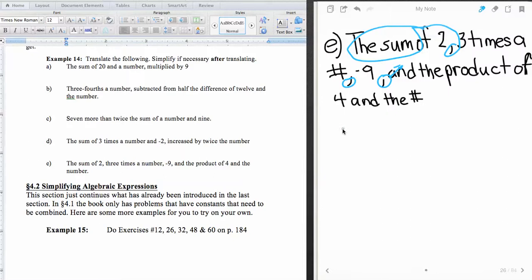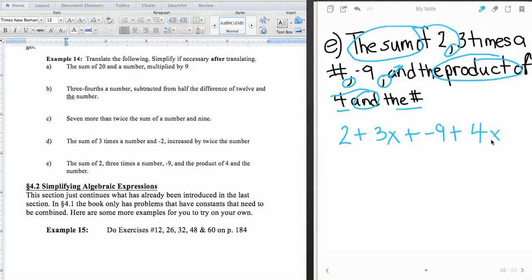So it says the sum of 2 and 3 times a number and -9, and each time I came across a comma, which is an unspoken and, I put in a plus sign because we're doing sums. And what are we doing then? Oh, it's the product of 4 and the number. And so there we go.